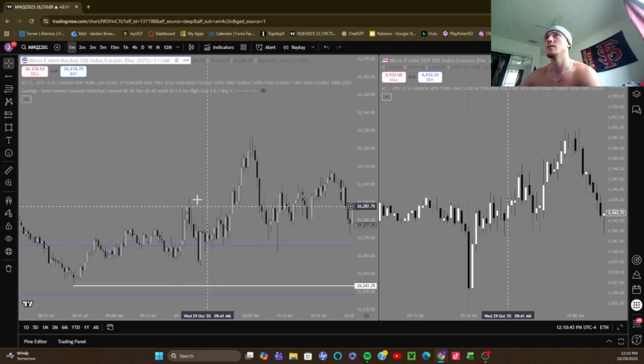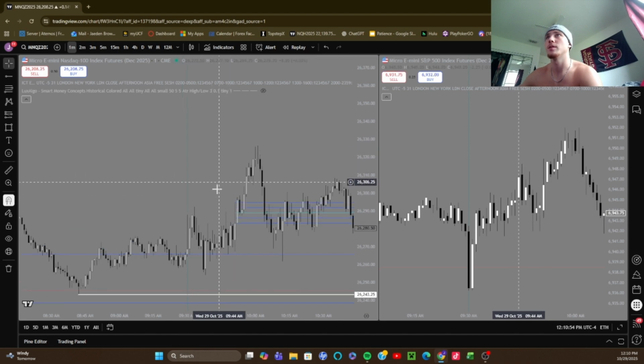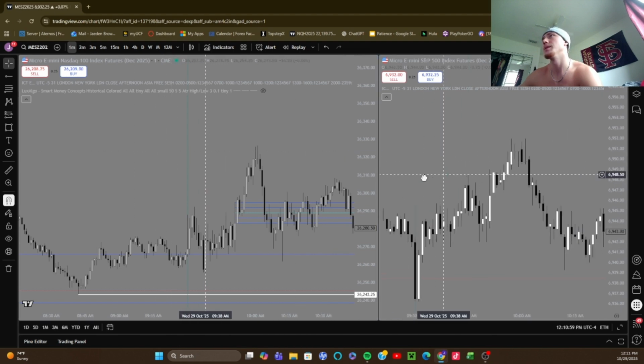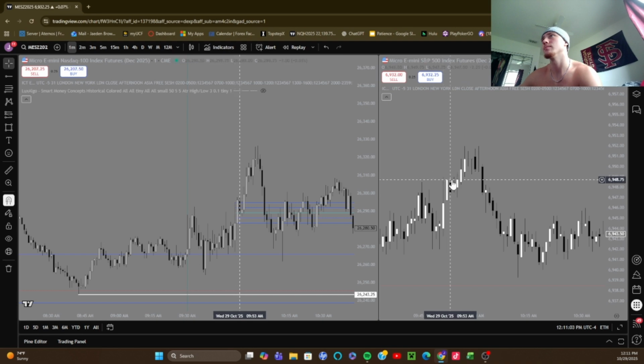Then what you could do, which I did, this candle wick right here is pretty long. It's pretty obvious. It's a premium wick. Mark that out. Price goes to consequent encroachment, continues higher. And ES, same area. I didn't do this part, so I don't know. And yeah, consequent encroachment goes higher.